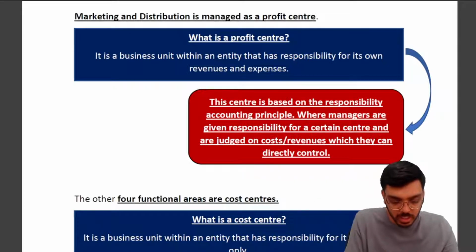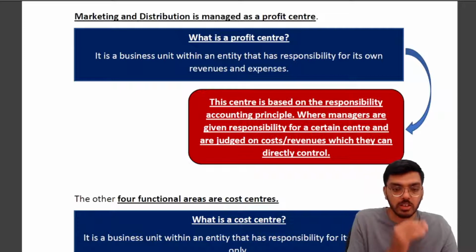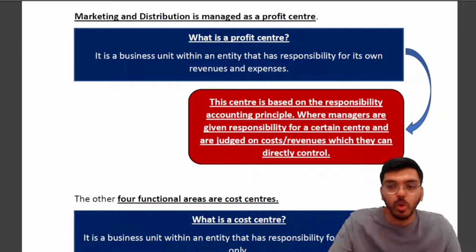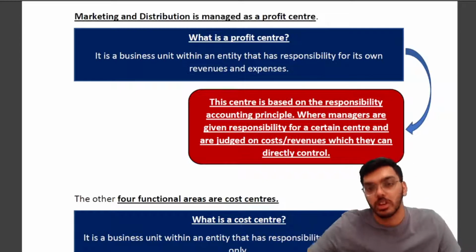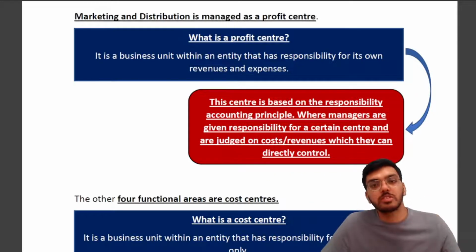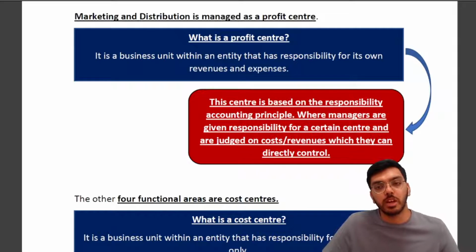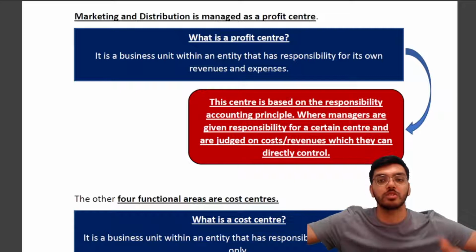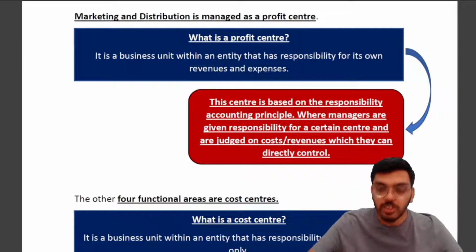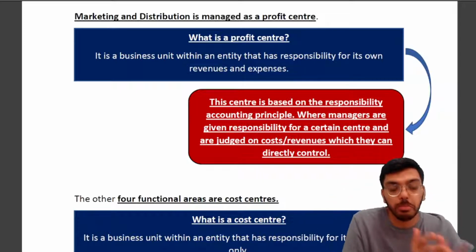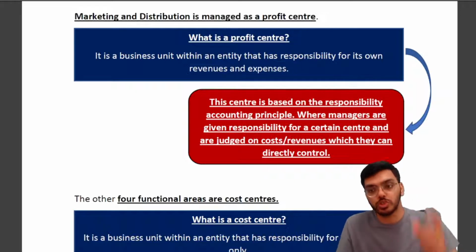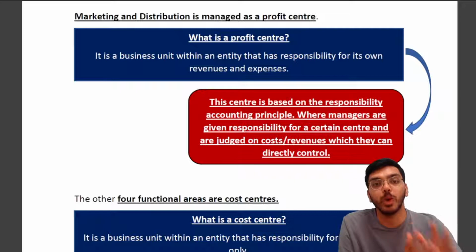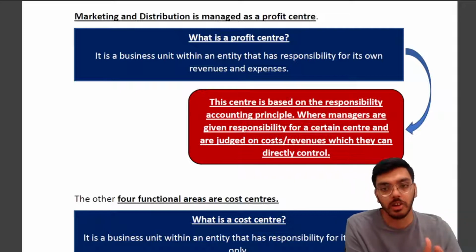So this marketing and distribution department is looked at in terms of its expenses and what revenues it was able to generate. This center is based on the responsibility accounting principle, where the managers are given full responsibility of a certain center, and then you judge it based on its profit, which means you judge its revenues against its cost and see how well that department has done.